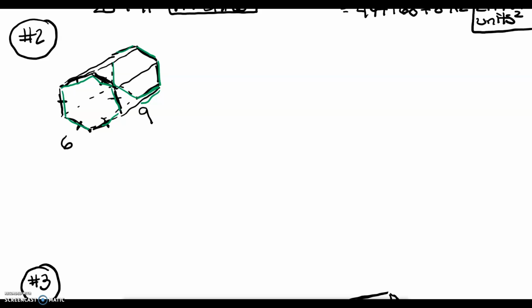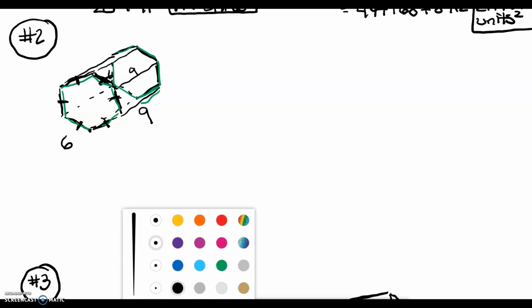Since this tells me that this is a regular hexagon, all of the sides must be the same, okay, because they have the same base, which is 6, and the same length, which is 9. So let's go back to the formula.